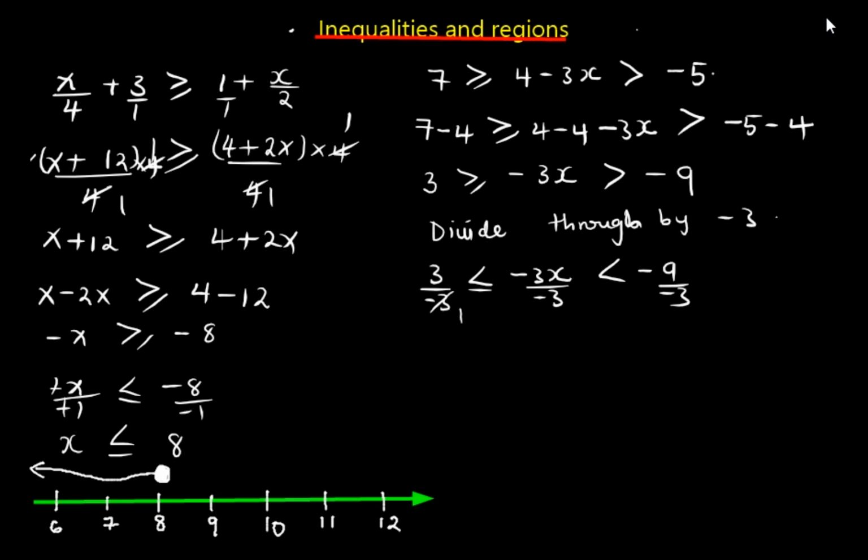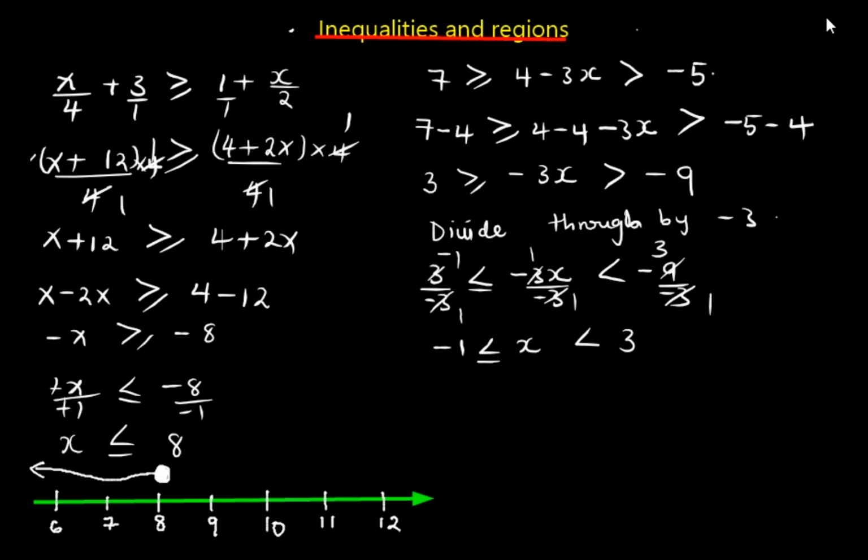By negative 3, 1, by negative 3, negative 1, so we shall have negative 1 is less than or equal to x, and everything is less than by negative 3, 1, by negative 3, that is a 3. So our region is negative 1 is less than or equal to x, but x is less than a 3.